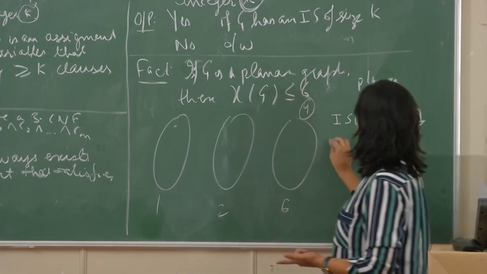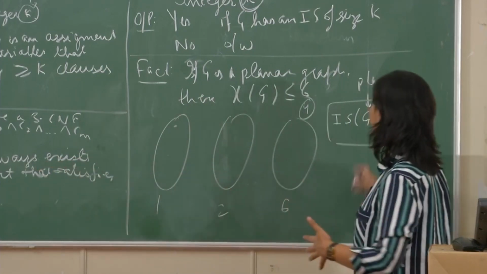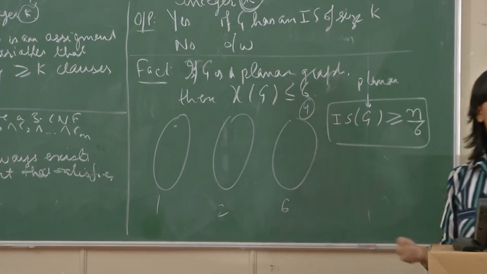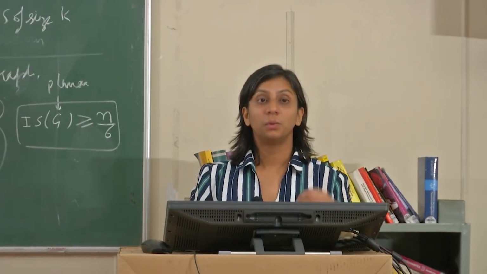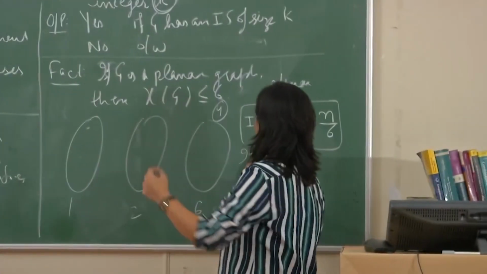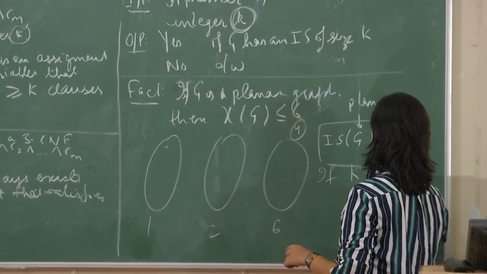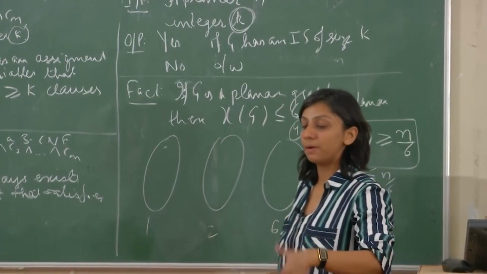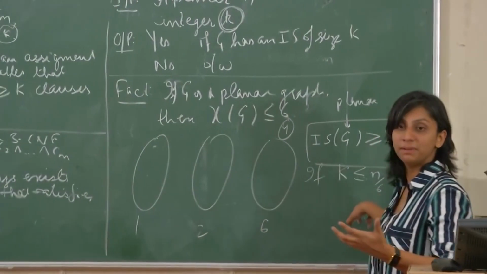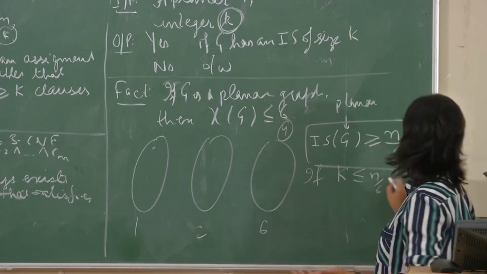Now this is basically an analogous observation, and after that we use the same sort of strategy. What will you do? What is less than n by 6? K. So if K is at most n by 6, and your goal is to come up with an independent set of size K, then I can always give you an independent set of this size.